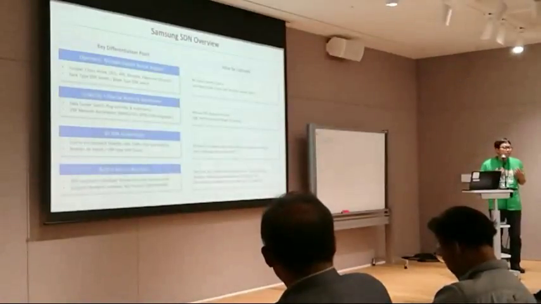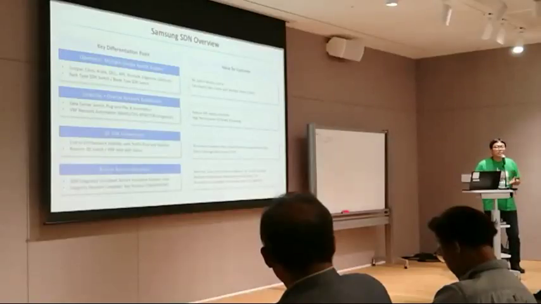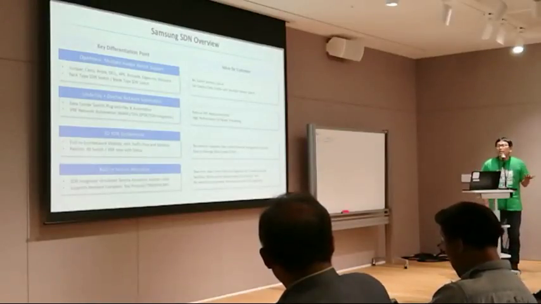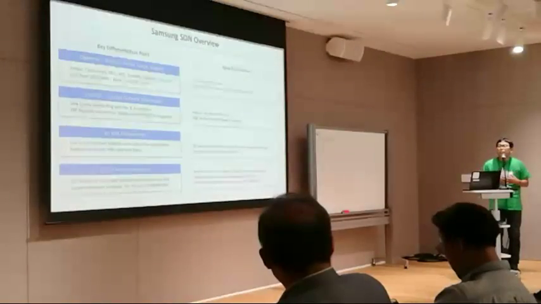The operator wants to see different types of information based on the scale. We need to support everything from a small central office to a large-scale core cloud data center. So we think that 3D-based orchestration and management is a very important key point.